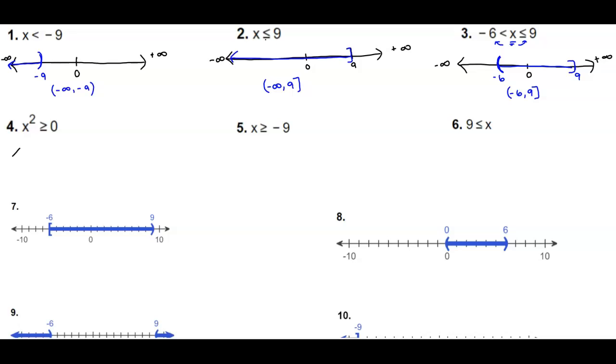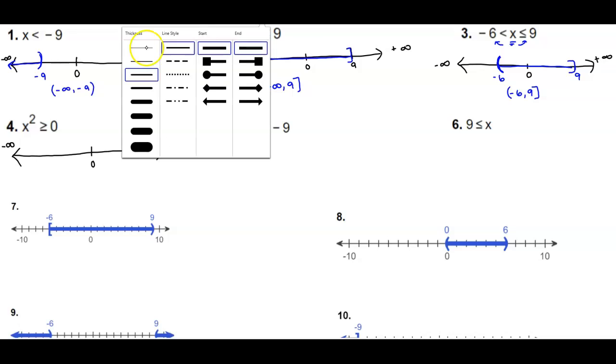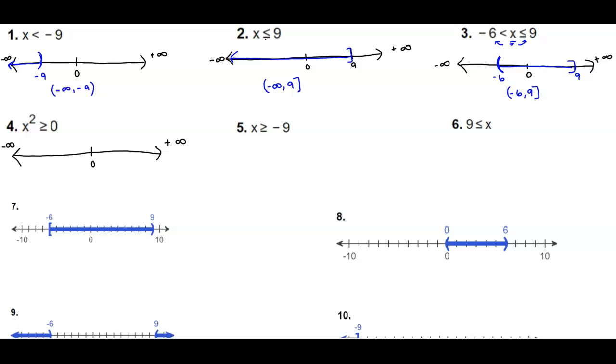Okay, next, over here. This is going from -infinity to +infinity when we look at the number line. Now the question is asking, what numbers can I pick for x that when I plug it in and square it, it is going to be greater than or equal to 0?